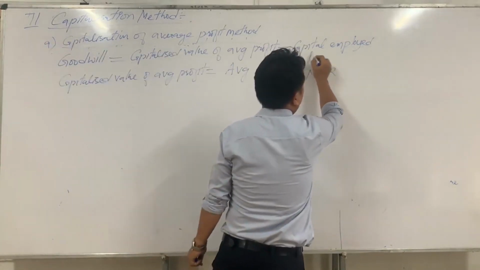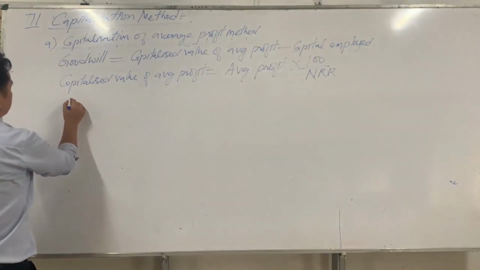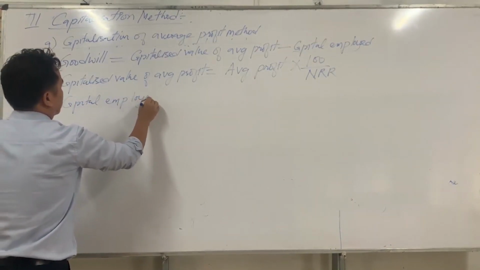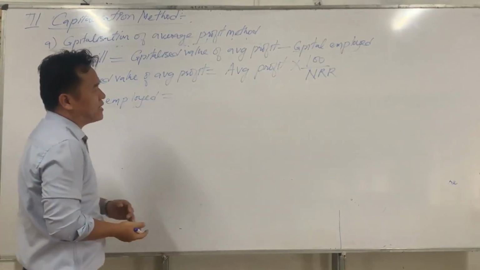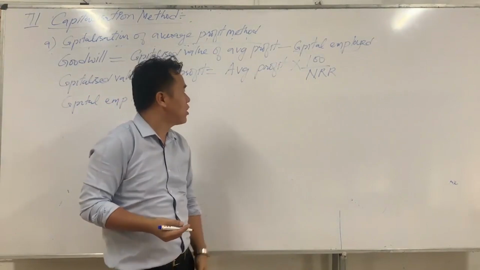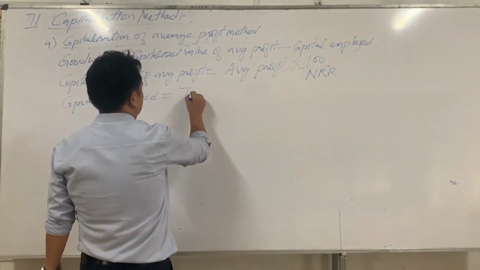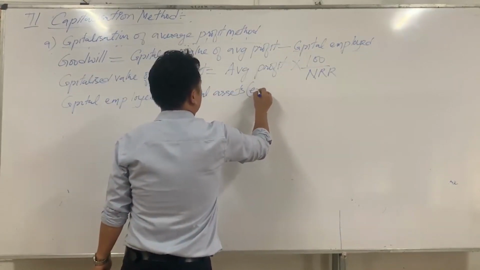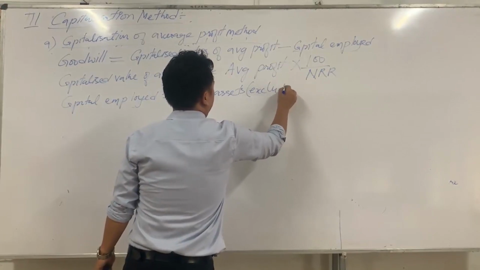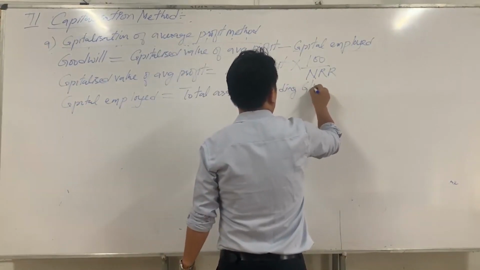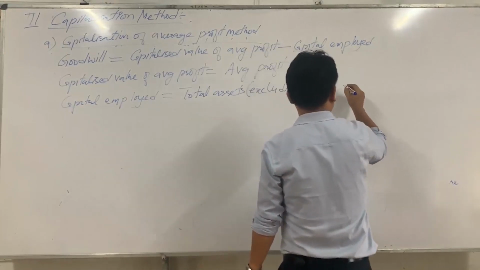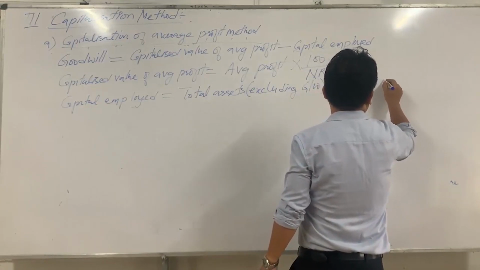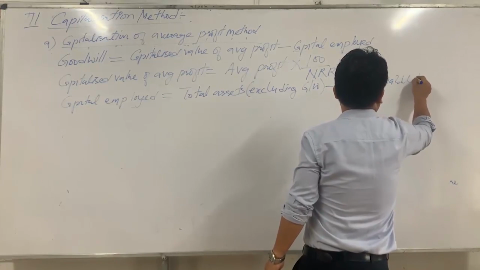Okay, now tell me what is the formula of capital employed? Capital employed can be found out by deducting outside liabilities from total assets. Total assets excluding goodwill minus outside liabilities.